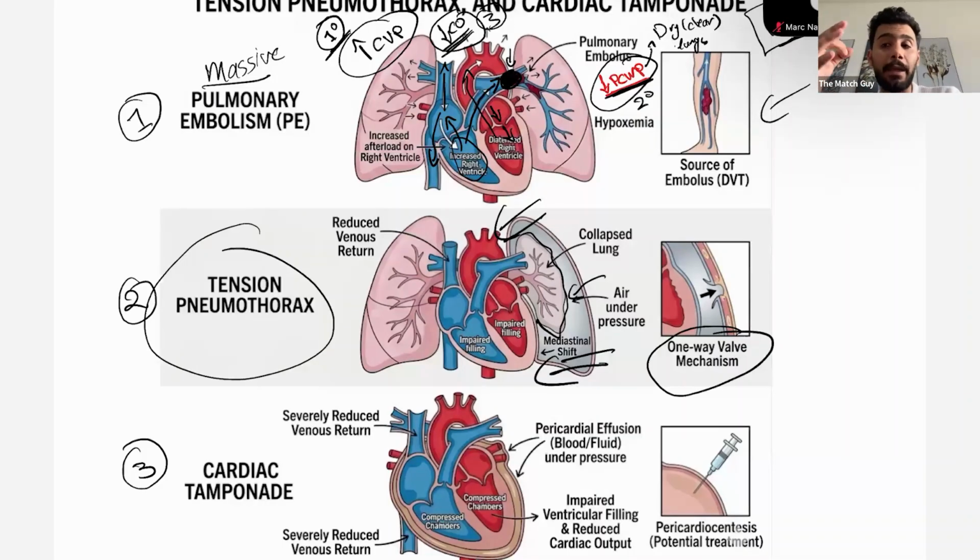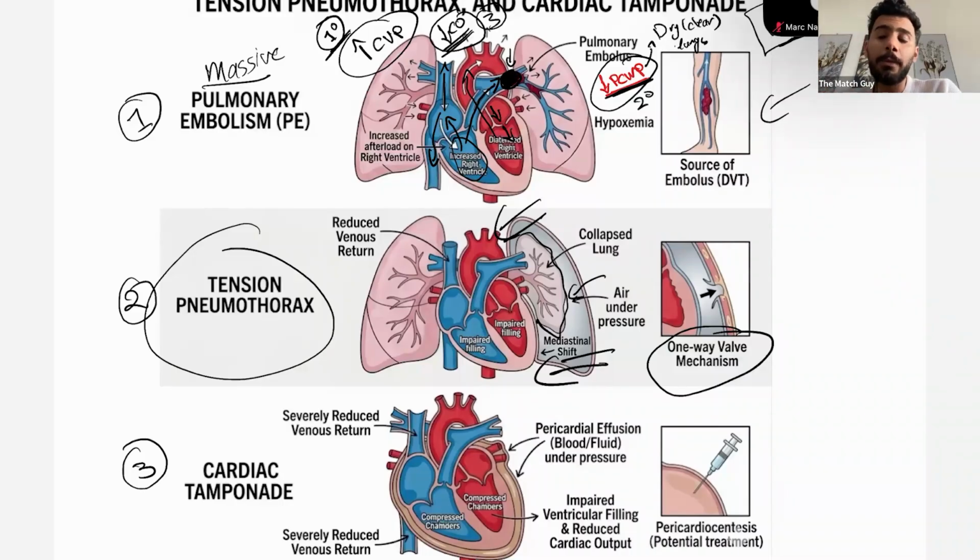Veins in general have very thin walls. Compare that to the aorta, for example, which has really muscular, thick walls, and is used to higher pressures. So it's not compressed easily. Same as the heart. The heart has a lot of thick muscle, and it can withstand higher pressure, so it's not compressed easily, unlike the vena cava.